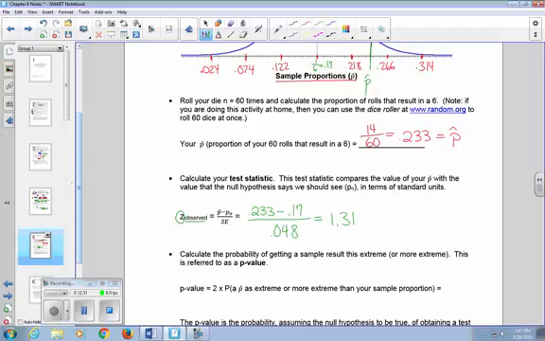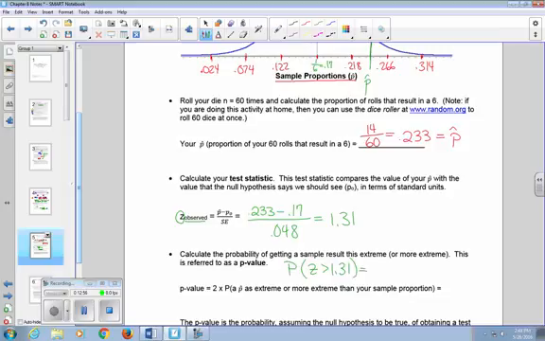Right, so next step, calculate the probability of getting a sample result this extreme or more extreme. This is referred to as a p-value. So our p-value is going to equal 2 times the probability that we get a p-hat as extreme or more extreme than our sample proportion. So I need to first figure out what's the probability of getting a z-score more extreme than 1.31.